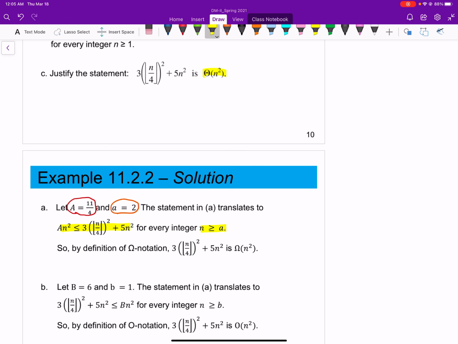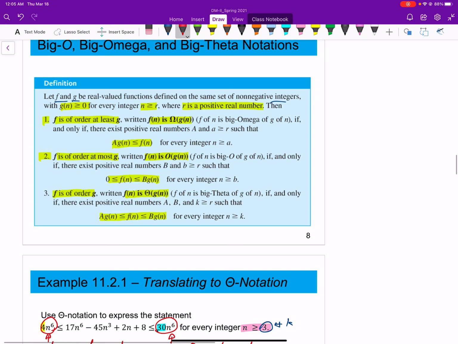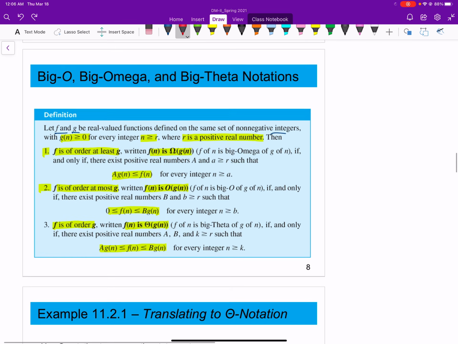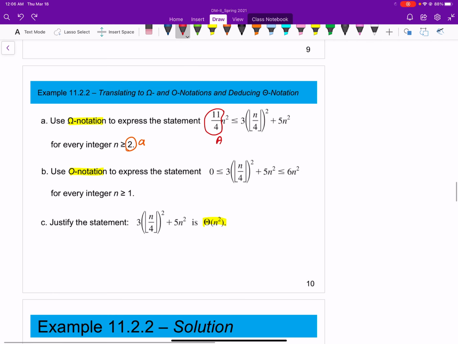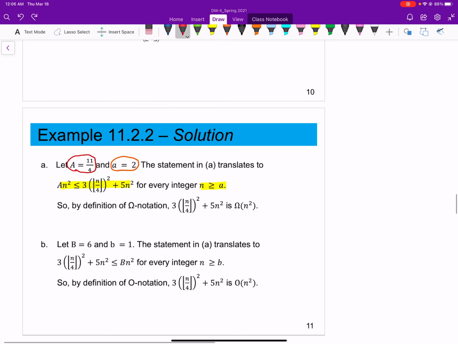Now go to the definition of omega. This is the definition of omega. So f of n should be bounded below by A times g of n.